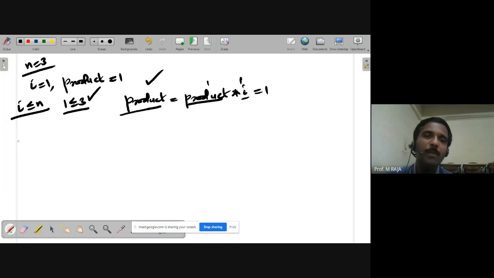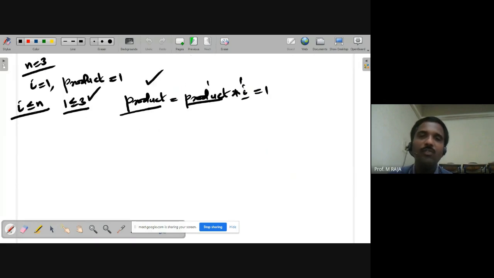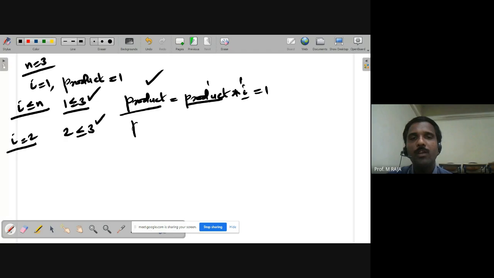Then I is incremented by 1, I is equal to I plus 1. Next value of I becomes 2. Then checking if 2 less than or equal to 3, condition is true.